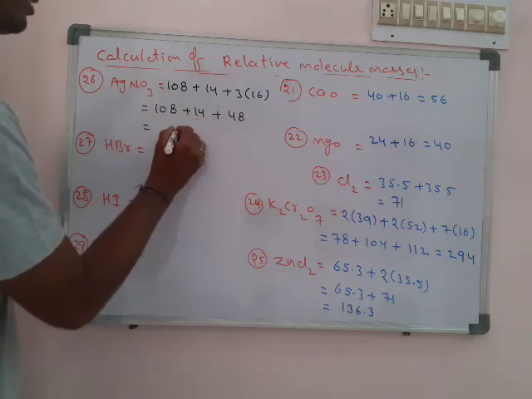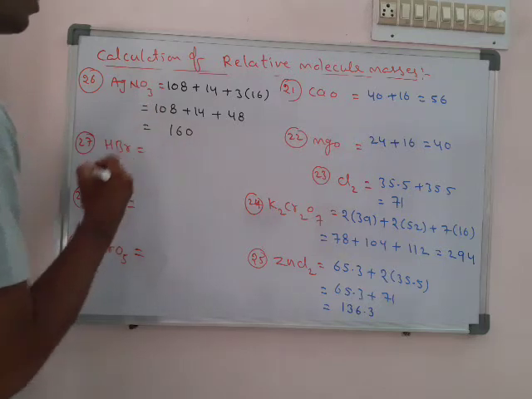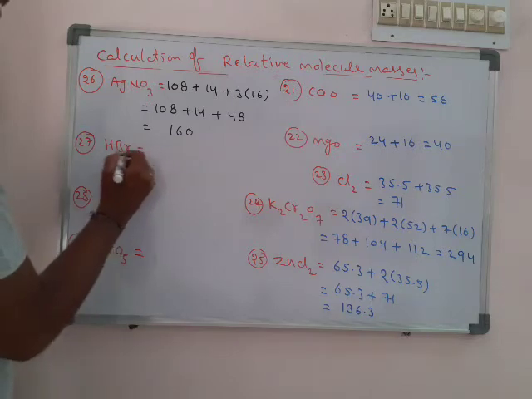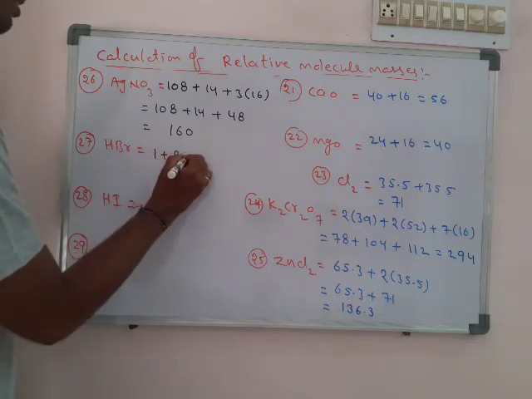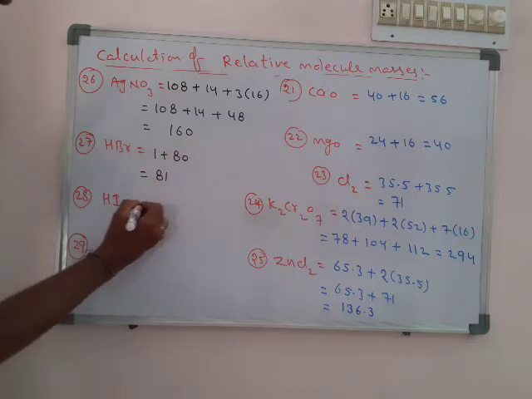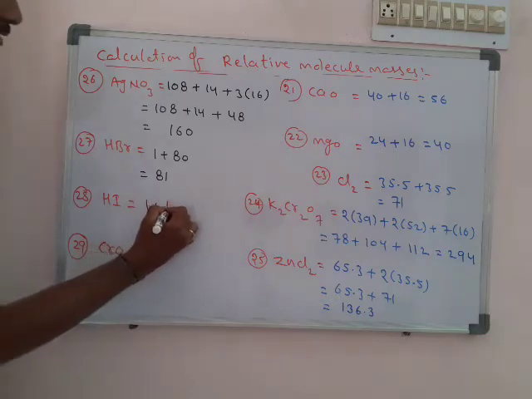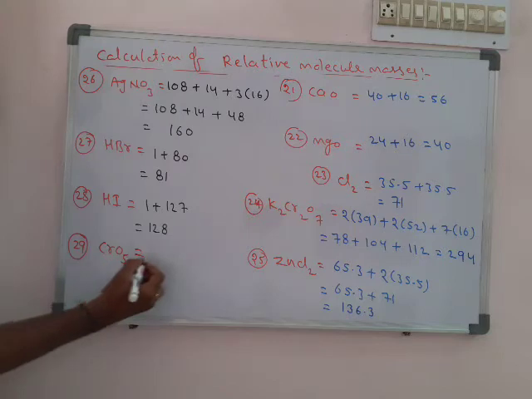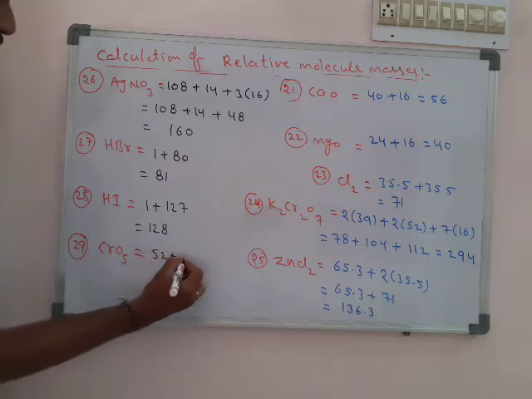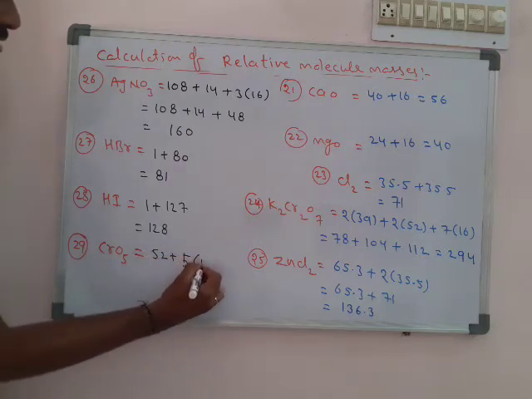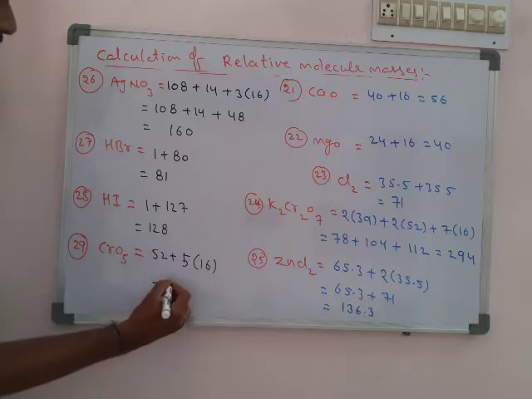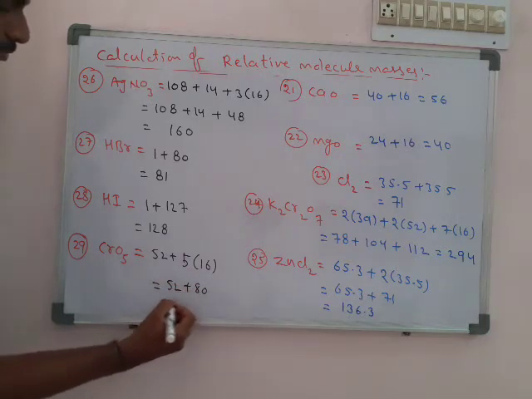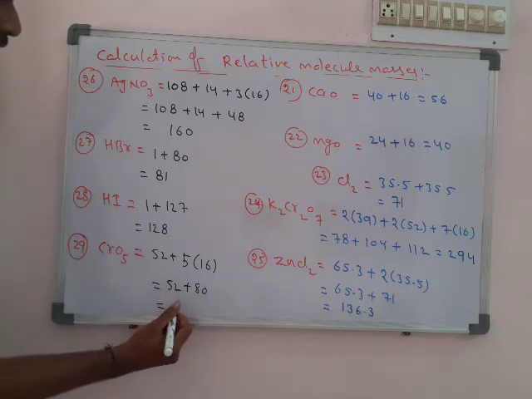That is 6. Okay, 160. HBr, hydrogen Br 80. Just remember Br 80. So hydrogen 1, iodine 127. We need to remember 128. So chromium 52. So each of 5 oxygens, each oxygen carries 16. So 52. How much?